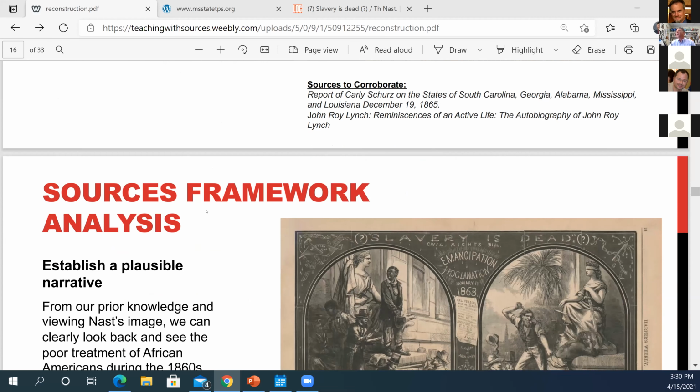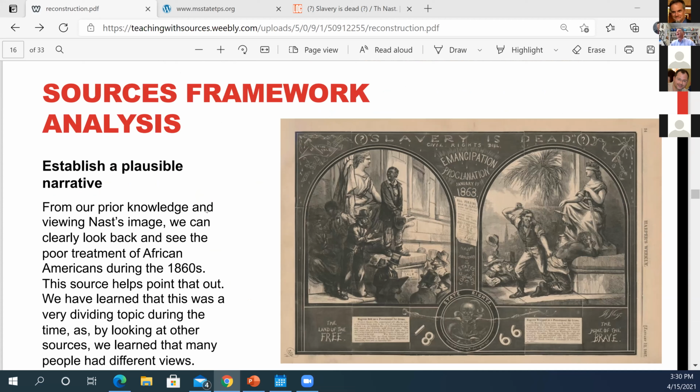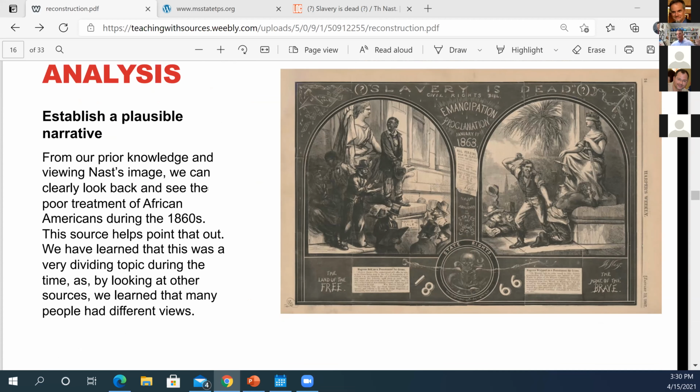And of course, then they established a plausible narrative, and they drew upon their prior knowledge, which is what we would want them to do. And it says, from our prior knowledge in viewing the NASA image, we can clearly look back and see the poor treatment of African Americans during the 1860s. This source helps point that out. We have learned that this was a very dividing topic during the time. If I look at other sources, we learned that many people had different views at that time.